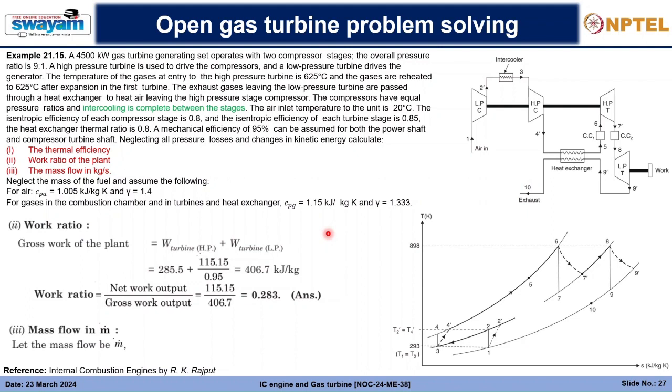Finally, we calculate the mass flow rate. If we assume that the mass flow is m, then m into 115.15 kilojoule per kg will amount to 4500 kilowatt, right? So that is 4500 kilowatt.